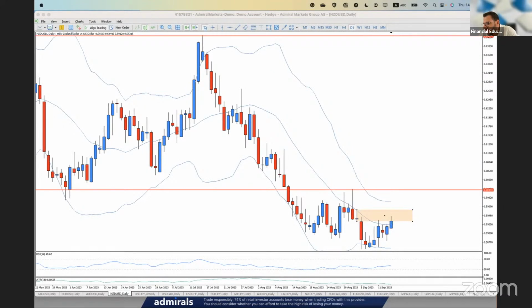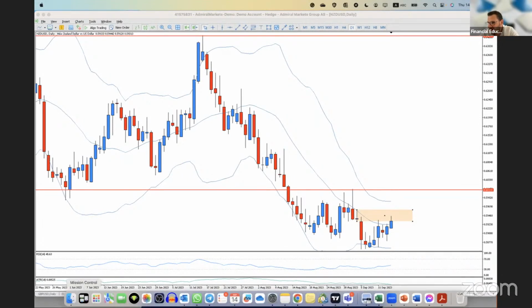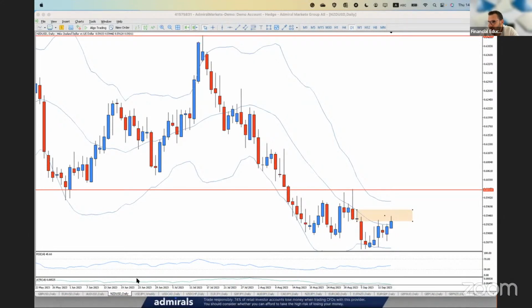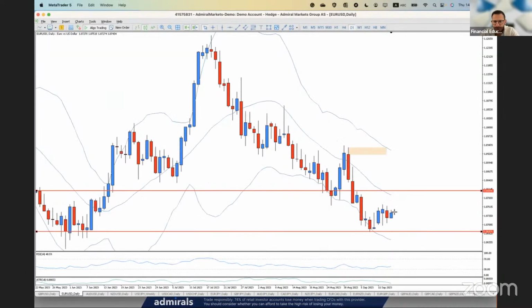The intraday range for the euro US dollar, 1.71, 1.75, but that's 5 pips, not 75 pips. Irene, good morning. Euro US dollar, that's the daily chart.